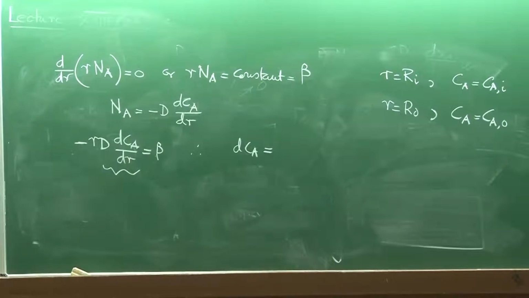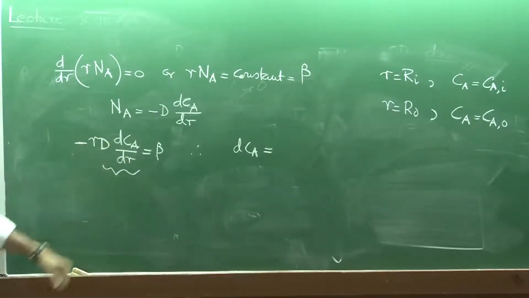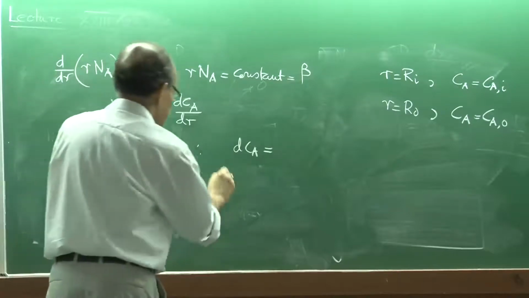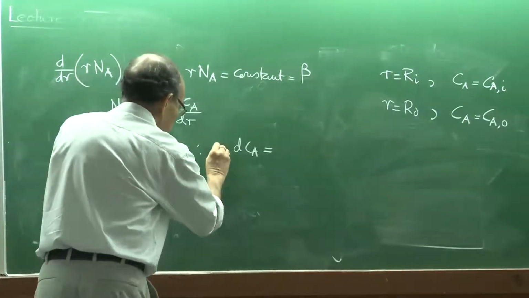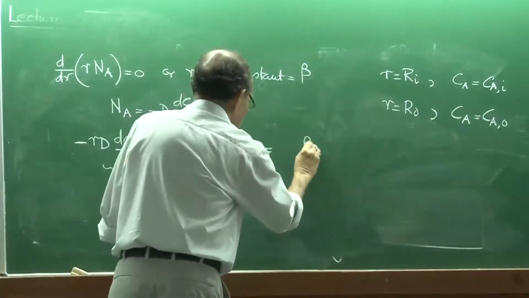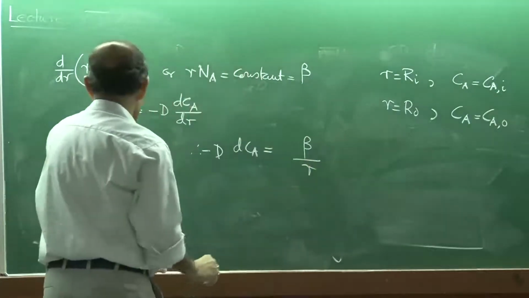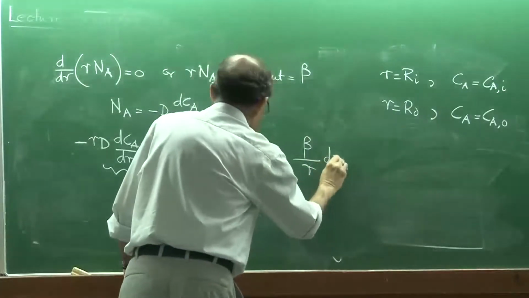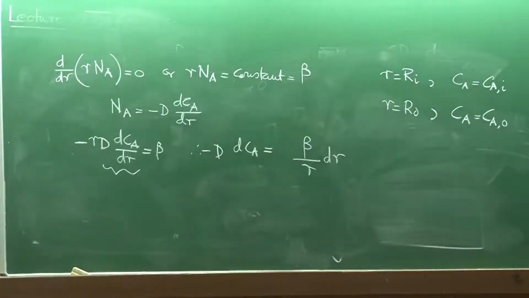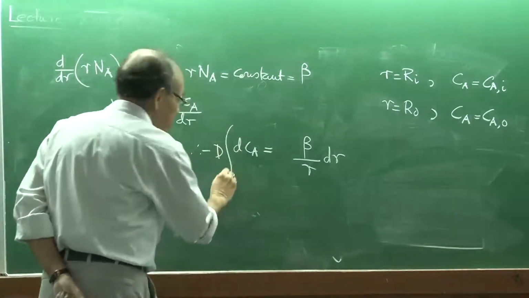So we can say that beta by R represents the flux if you take the R here. So now we can say that's what it is, and we can integrate this.